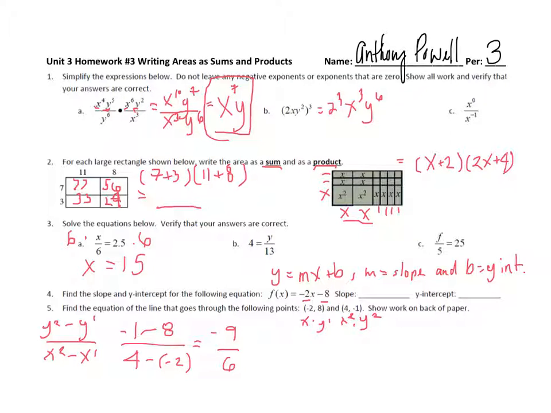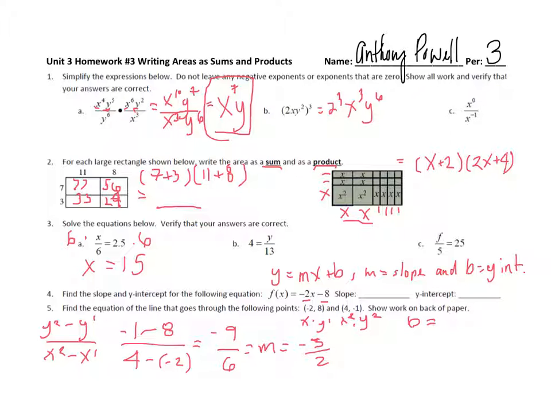So that's my slope, which I can also reduce to negative 3 over 2. Now, to find out what my b is, I have to put in one of these 2 points to that slope and leave b the variable that I don't know.